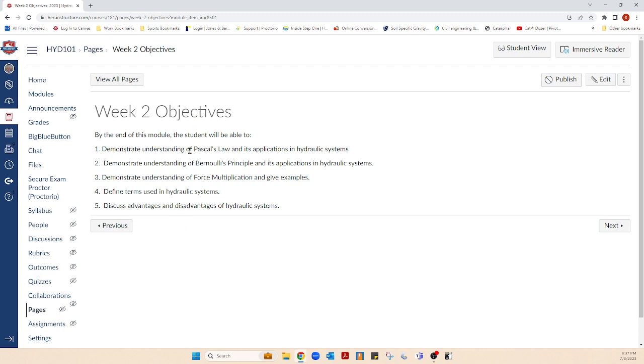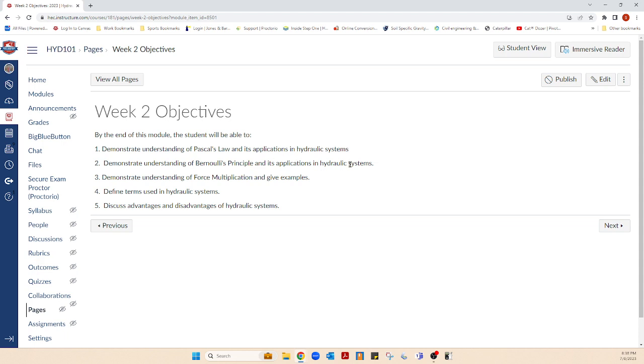So we're going to demonstrate an understanding of Pascal's law and its applications in hydraulic systems. So now you have a bit, not much, but a bit of a head start with that. We're going to understand Bernoulli's principle and its application in the hydraulic system.